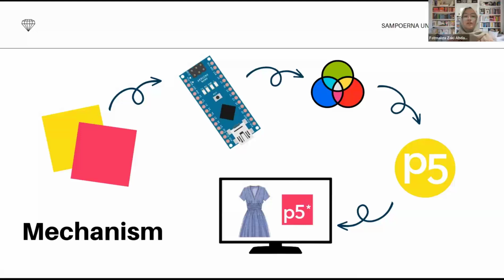So we could connect it to the sketch. And then in the P5 itself, we also put the line art sketch, which should be in PNG, so that the color from the sensors can be displayed in the transparent area where you need it.